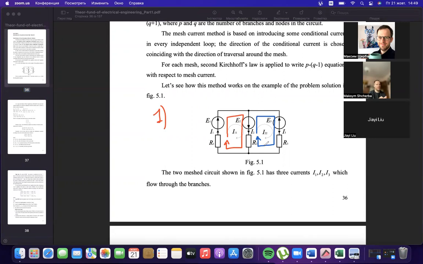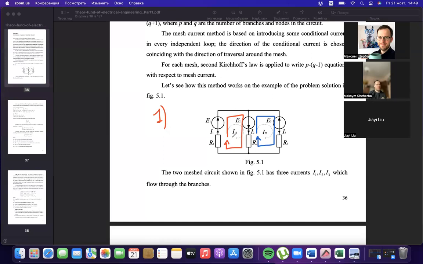But after you choose the mesh directions, all other plus or minus signs you take compared with these directions: sources, real currents, and in a branch combined with both of these currents, you also compare the directions, whether they are similar or opposite.